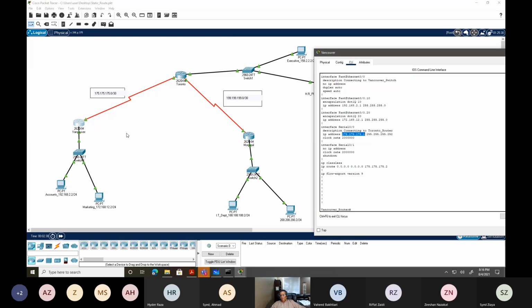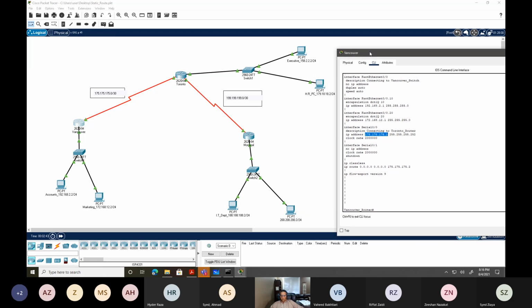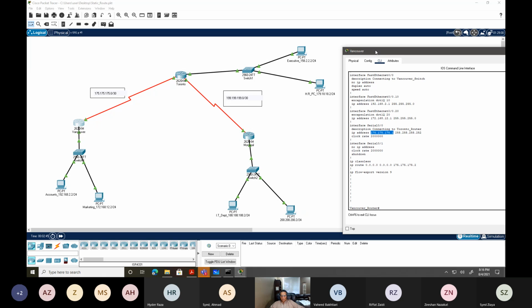Understood? Now, I got a question for you guys before I let you go. Understand this concept very closely. If I am sitting in Toronto, I have this network here and this network here. In Montreal, I have this network and this network. If this PC wants to go to Montreal, where would it be sending its traffic to?